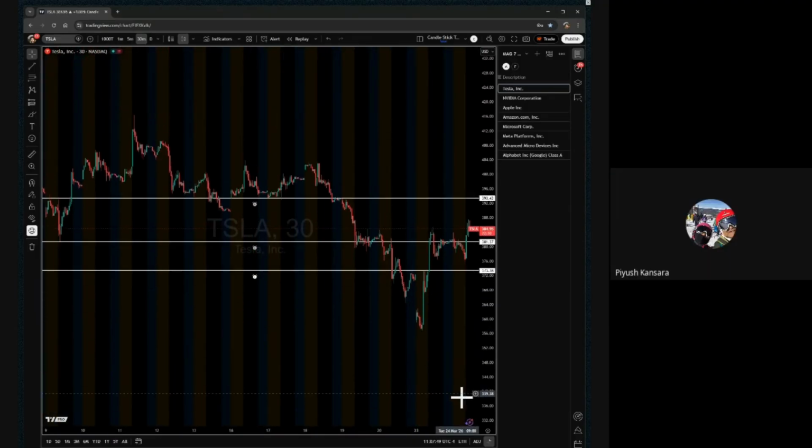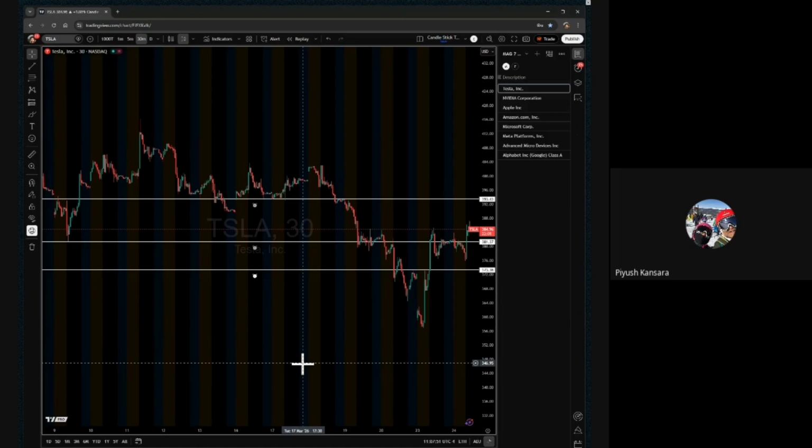TradingView also lets you set watch list level alerts, and you can set alerts automatically on your prior day high and prior day low levels. So you can increase the list of stocks that you're tracking, and once you hear an alert, you pull up that stock, see where it's at, and decide whether you want to take a trade.